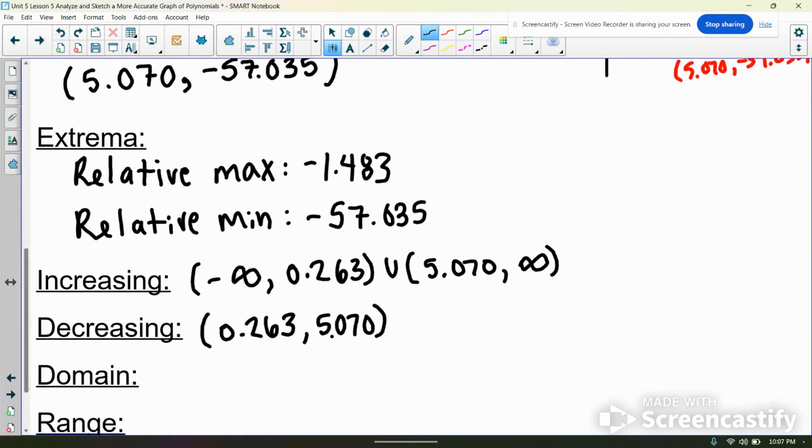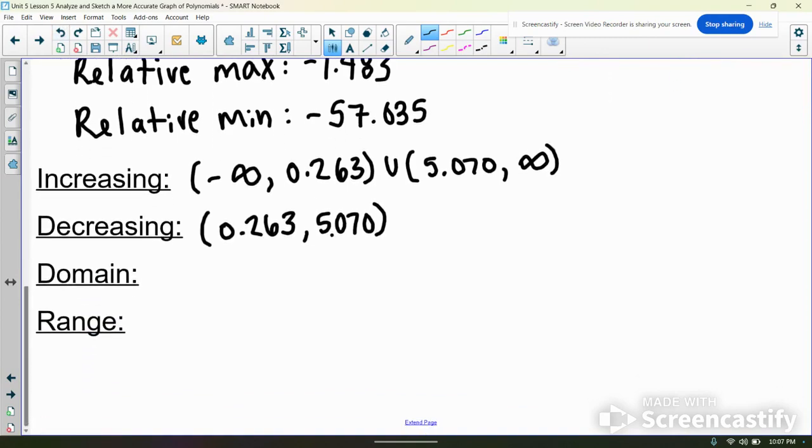All right, since this is an odd function, meaning an odd degree, our domain and range are actually both negative infinity to positive infinity. So the main things to find are the mins and maxes. You can determine whether they're relative or absolute. After you find those in your calculator, you can use your calculator to help you find your y-intercepts and your x-intercepts as well.